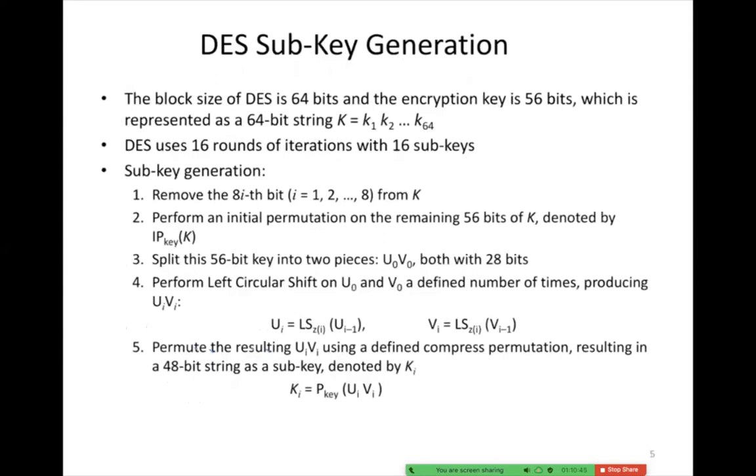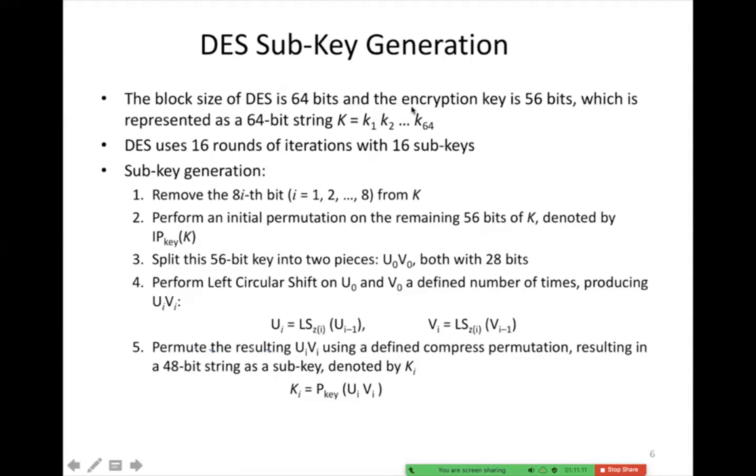So now let's look at a concrete implementation of the Feistel cipher scheme, and that is the Data Encryption Standard, DES. First of all, it lets L be 32 in the Feistel cipher scheme. The block size of DES is 64 bits.